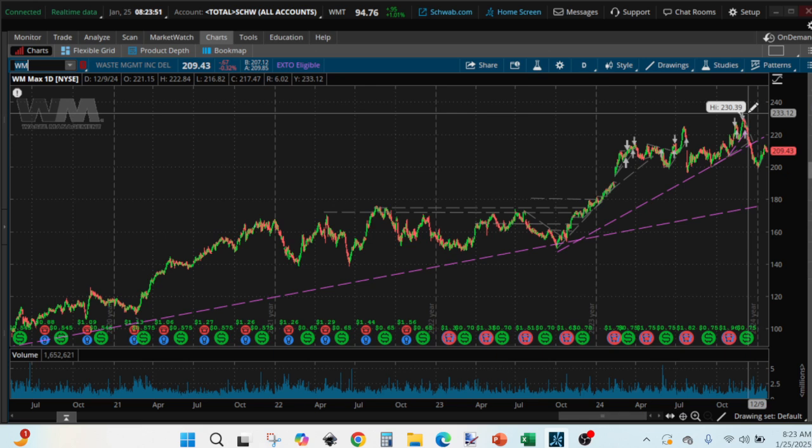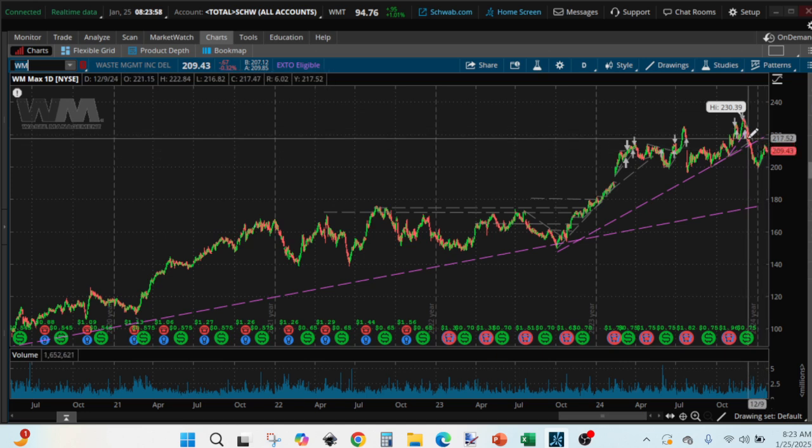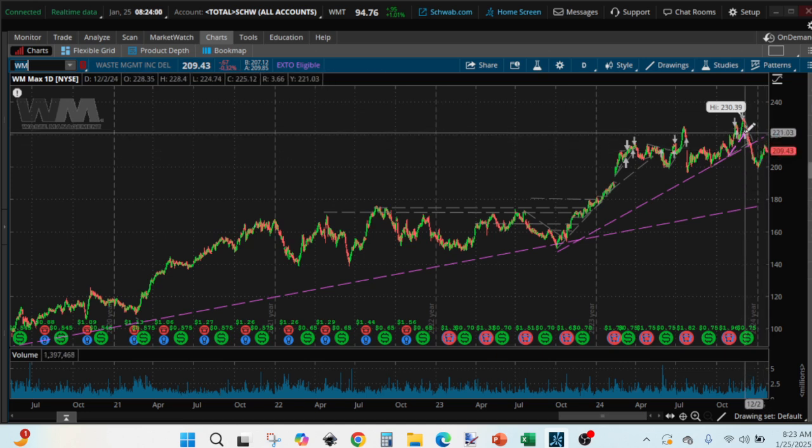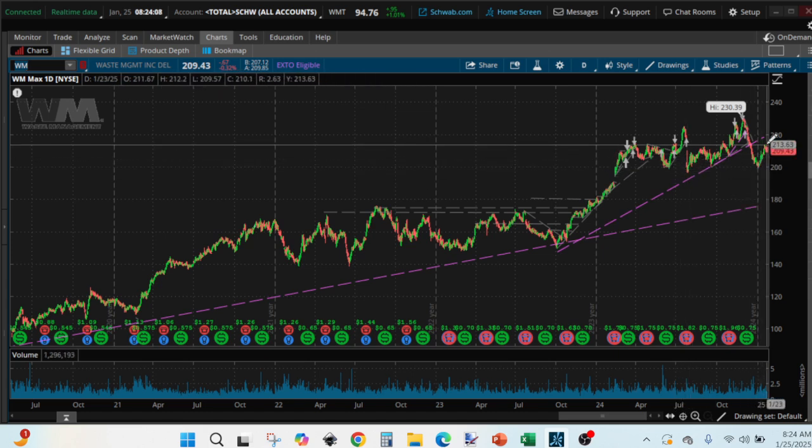WM is in the same boat as WAB, but not quite for us to sell it. So we bought it at a shorter trend line. It pulled back to use a similar support line as a support, and went up from there.